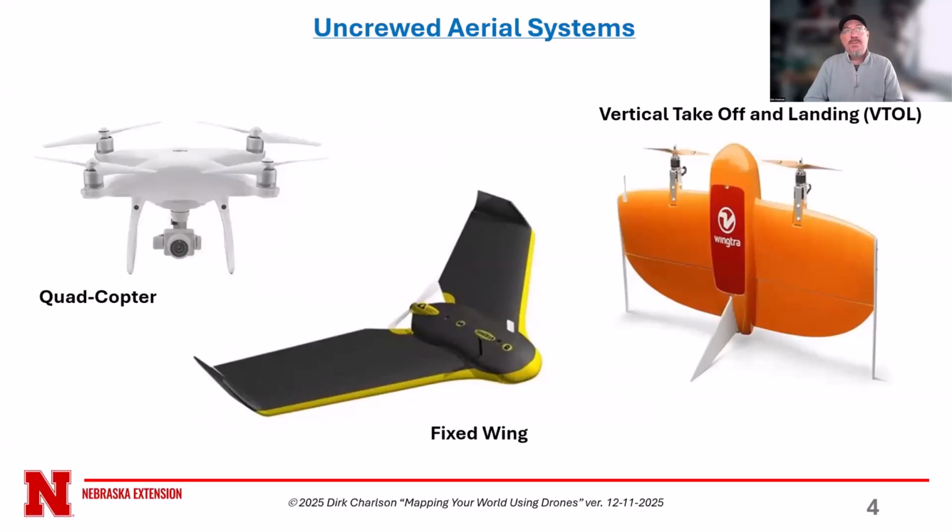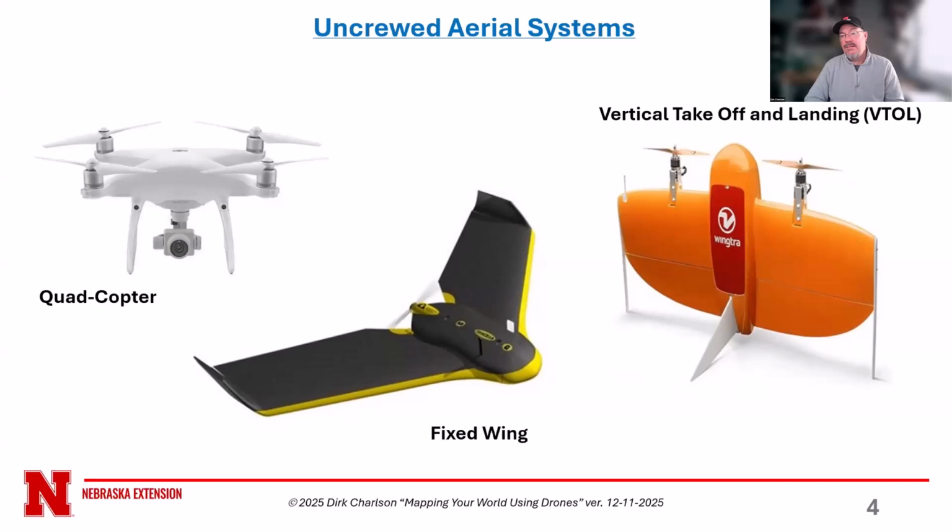There are multiple platforms that can be used, and we're going to focus on drones, so uncrewed aerial systems. Most of you are probably familiar with the quadcopter, a drone with 4 propellers. There are other rotary wing drones, such as the hexacopter, which has 6 propellers, and the octocopter, which has 8.